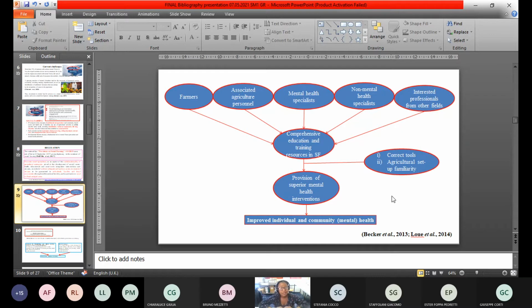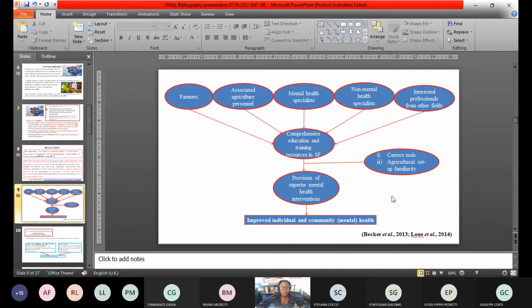So as a result, having comprehensive education and training resources in social farming will be able to benefit all the interested stakeholders so that they can be taught the correct tools to use when engaging with clients in their different facilities, as well as to familiarize those that do not have an agricultural background with the setup of what happens on a farm, the day-to-day runnings of it, so that in its entirety, they can provide superior mental health interventions to all their clients so that they can improve individual and community mental health and health in general.